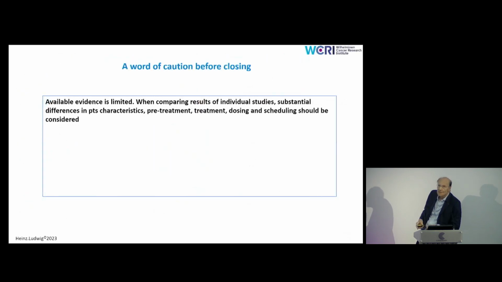And these are some words of caution, because our evidence is really limited, and I already alluded to the differences of clinical trials and clinical follow-up duration, so it's not easy to compare one study with the other, in addition to the different patients' characteristics, pre-treatment, treatment, and so on.